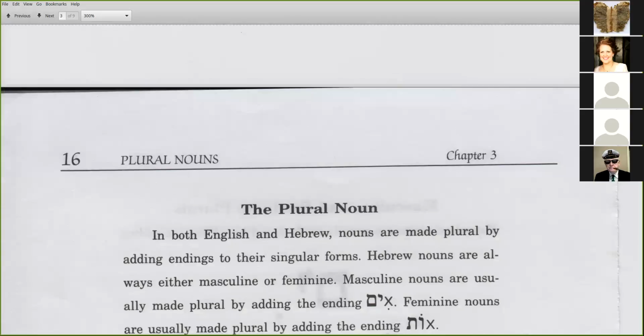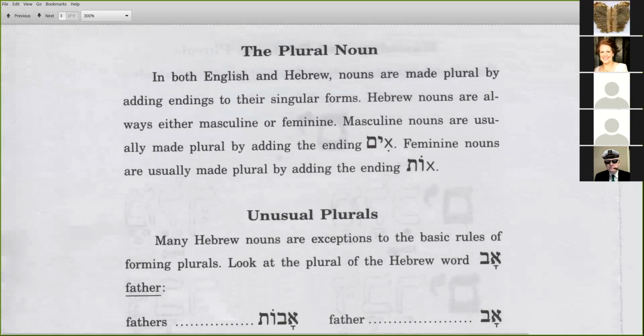Let's see here. Page 16, plural nouns. In both English and Hebrew, nouns are made plural by adding endings to their singular forms. Hebrew nouns are always either masculine or feminine. Masculine nouns are usually made plural by adding the ending im.